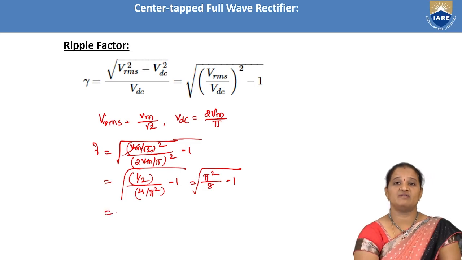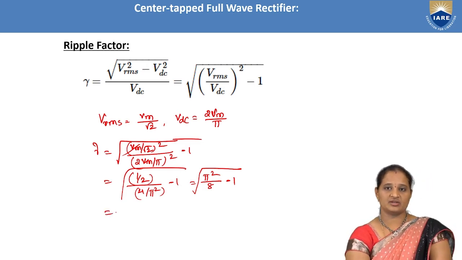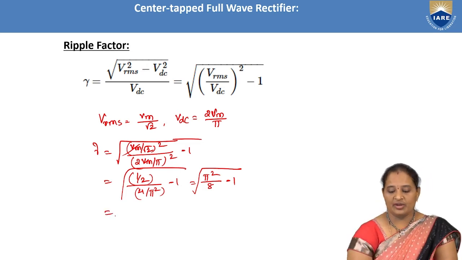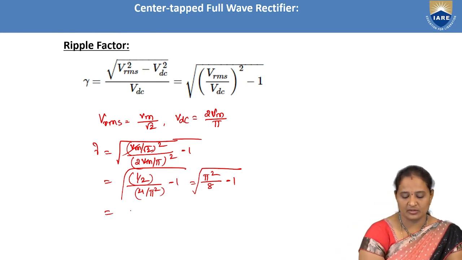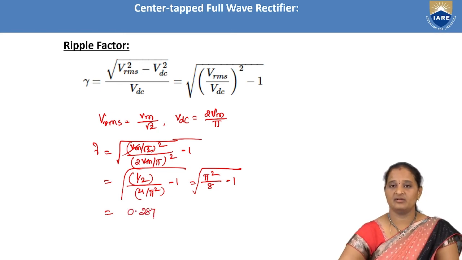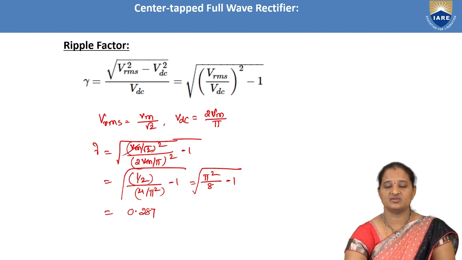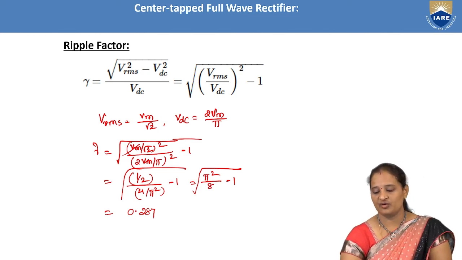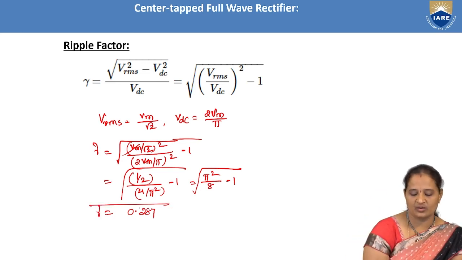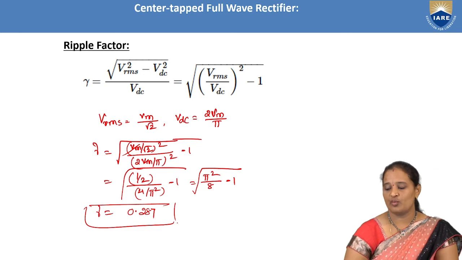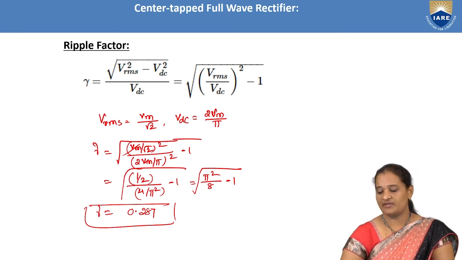So if you find the value of this one, the ripple factor, we are going to get the ripple factor value as 0.287. So this is the ripple factor, which got very much reduced when compared to the half wave rectifier.